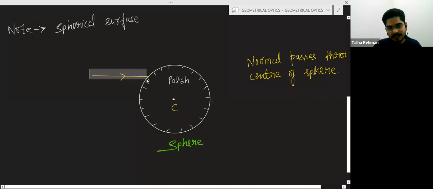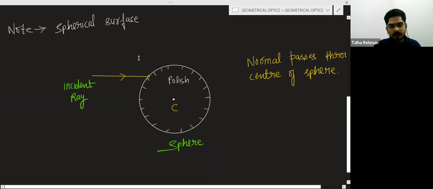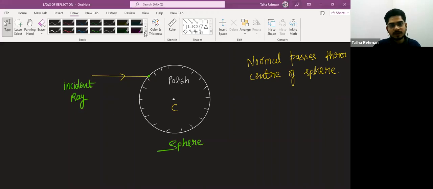This is the incident ray, and this is the point of incidence. Now what will happen here? We have to draw the normal.